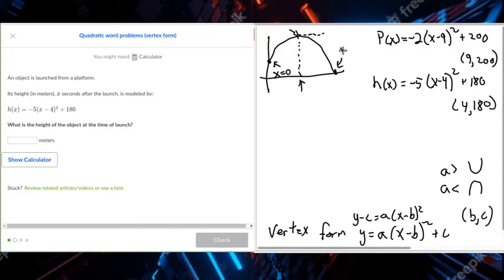How we solve the end problems is we set y equal to 0. So let's plug x equals 0 in here. 0 minus 4 is -4, squared is 16. 16 times 5 is 80. -80 plus 180 is 100. So it's going to be 100 meters high.